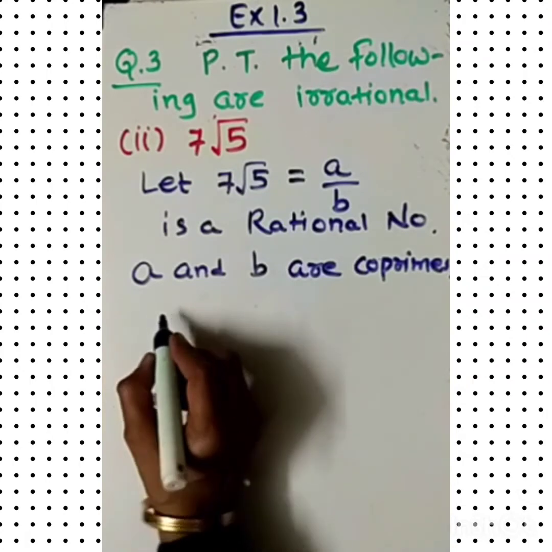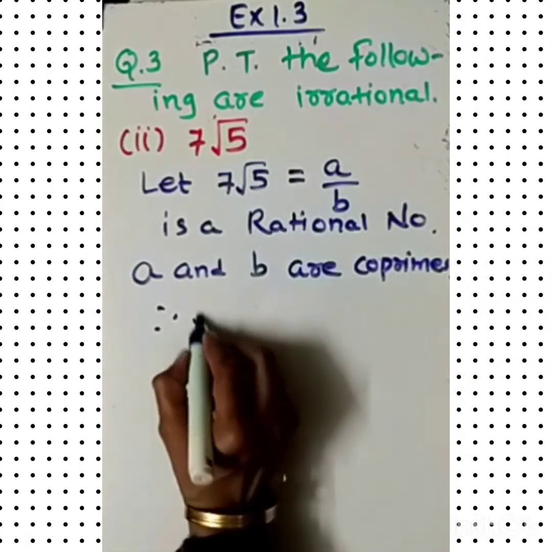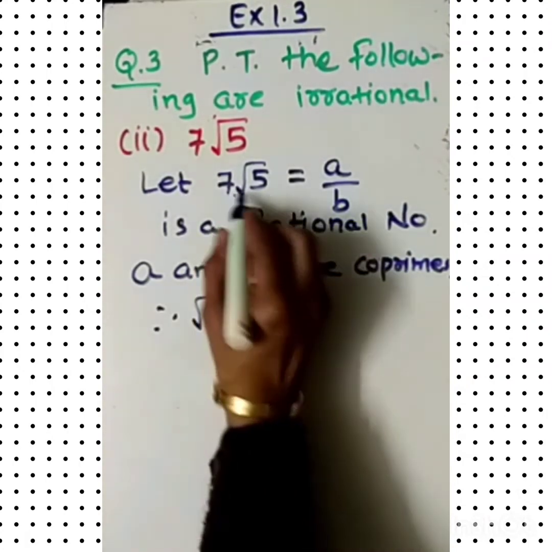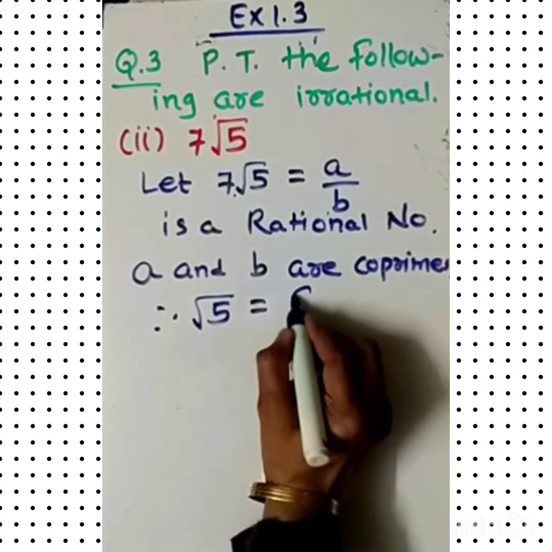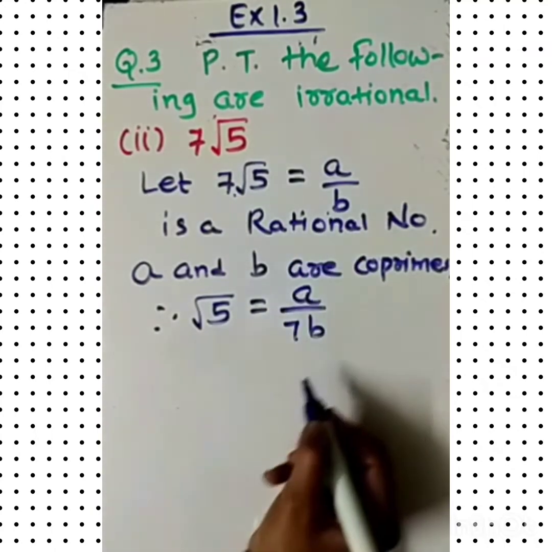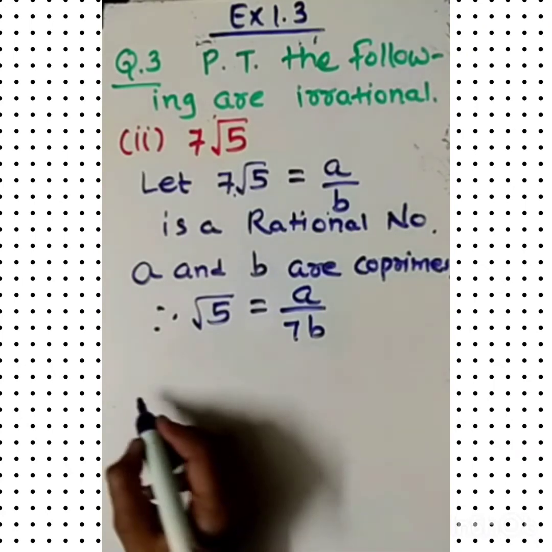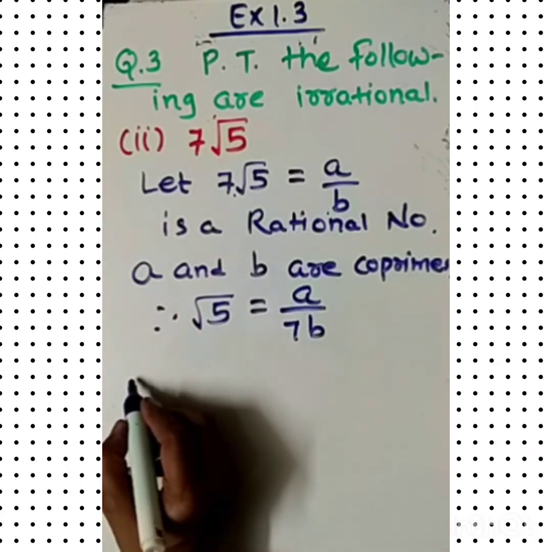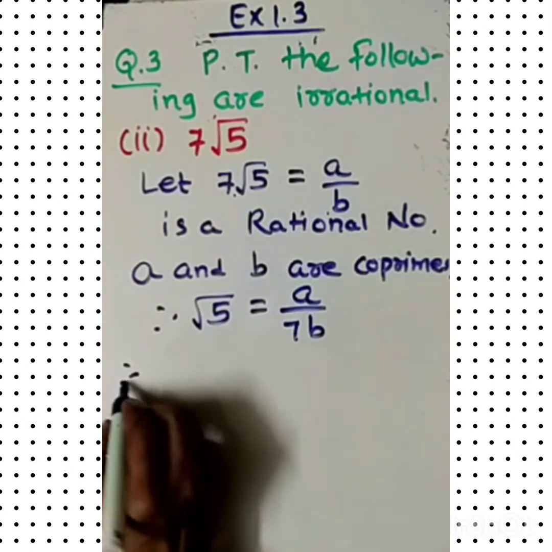Then we know that 7 root 5. So I am keeping root 5 here only, and this 7 I am bringing to this side. So it gives the result a upon 7b. Therefore, we can say a and b are integers.